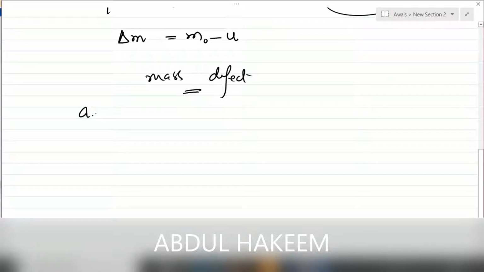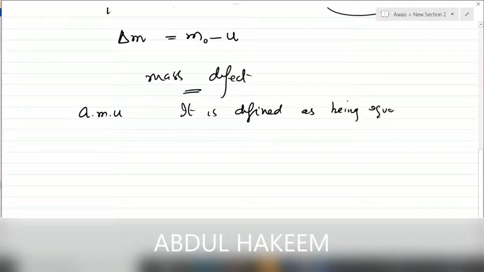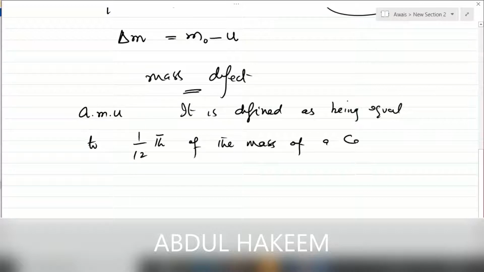Now AMU means atomic mass unit, U. This is defined as being equal to 1/12 of the mass of a carbon-12 atom.